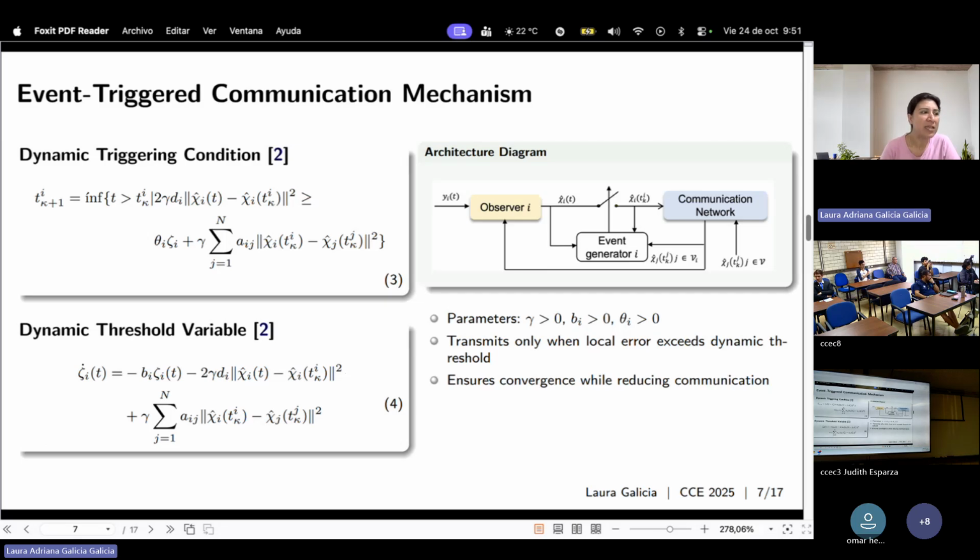This dynamic threshold automatically adjusts, becoming more lenient when neighbors agree, and stricter when disagreement emerges. The result is that we maintain estimation accuracy while reducing communication compared to continuous strategies.